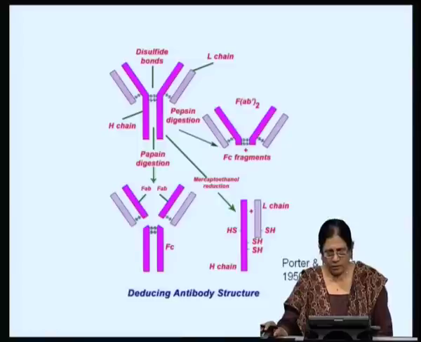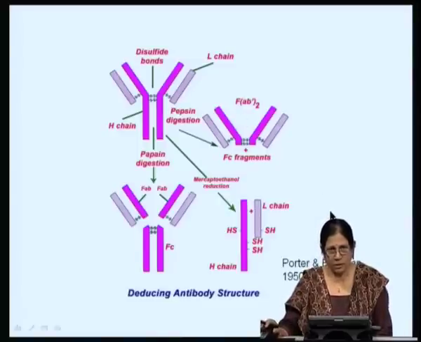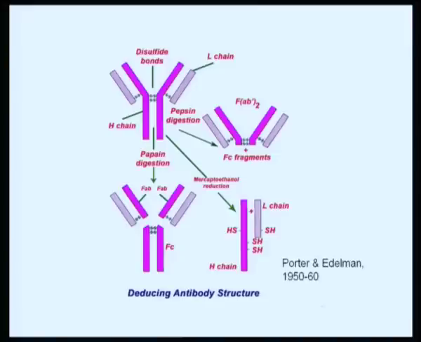But it took very many years for Porter and Edelman to come to this, just because the technology then was not as advanced as it is today, and they always needed to work with milligram amounts of the molecule.